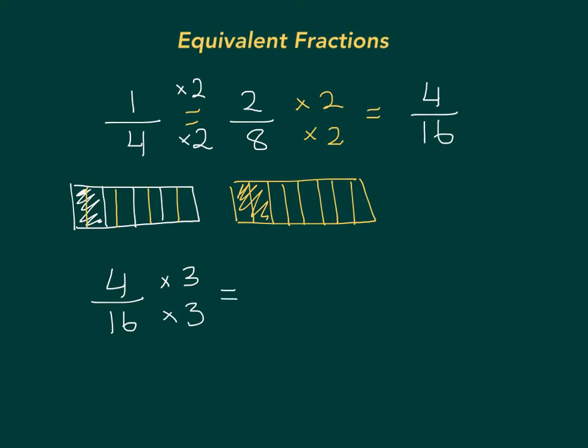And we would get the numerator is 12, and our denominator is going to be 48. So these fractions, we have 1/4, 2/8, 4 over 16, 12 over 48 are all equivalent fractions. If they were to be drawn like so, they would show the same amount or the same sections shaded in. So they're equivalent fractions.